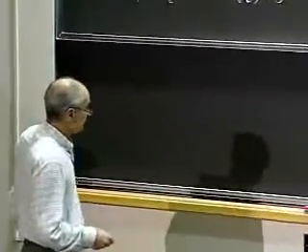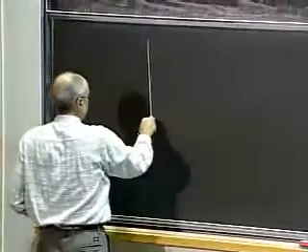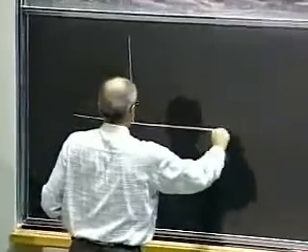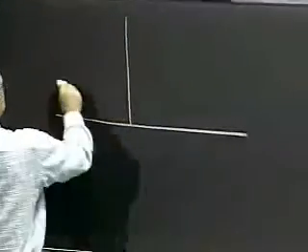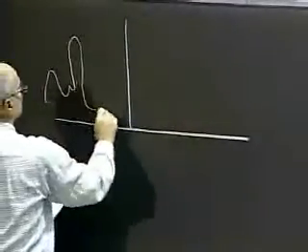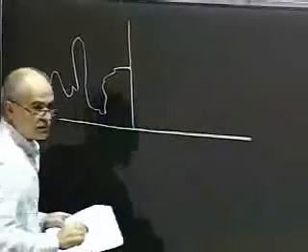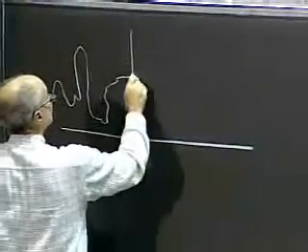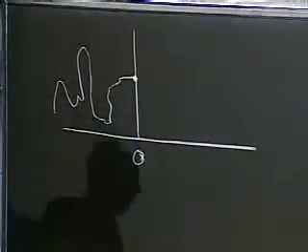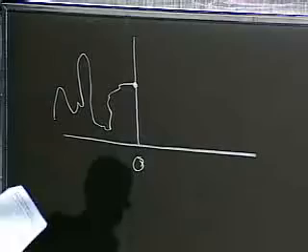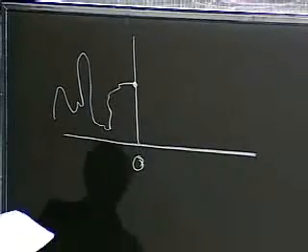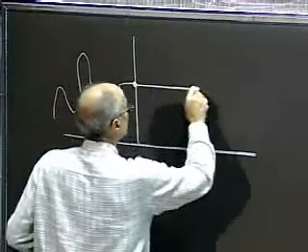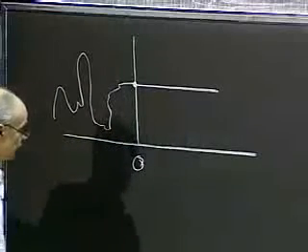Now the one thing that you recognize immediately is that it really doesn't matter what the value of Vi was for t less than 0. What really counts is the value of Vi at t equals 0, and that's the value that we're interested in.